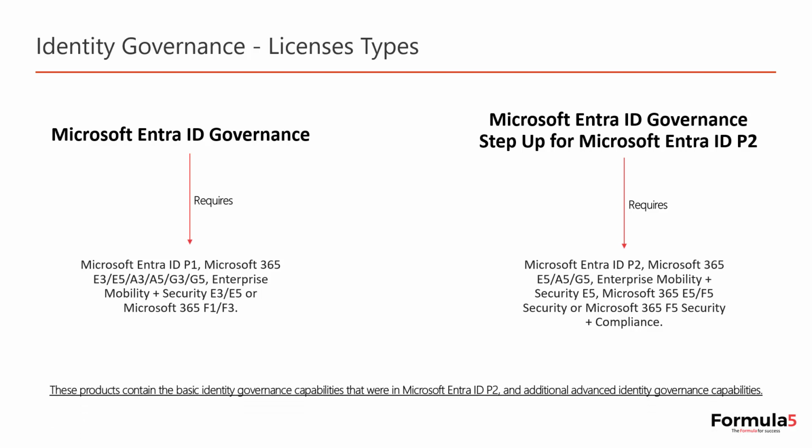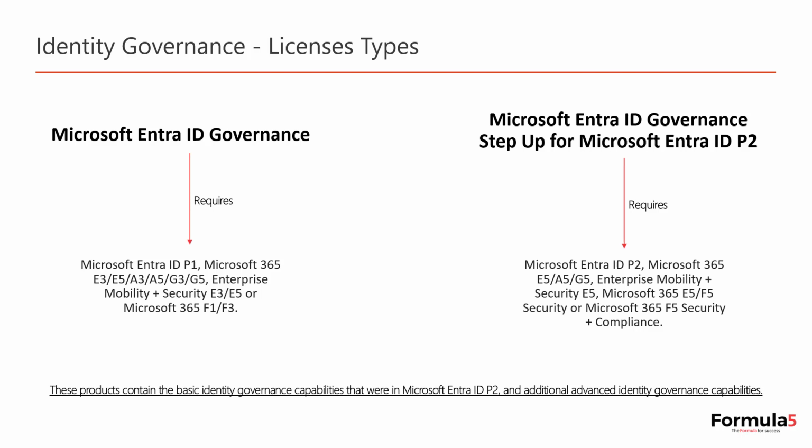So these products contain the basic identity governance capabilities that were in Microsoft Entra ID P2 and additional advanced identity governance capabilities. Both products, Microsoft Entra ID Governance and Microsoft Entra ID Governance Step Up for Microsoft Entra ID P2, have the same capabilities.